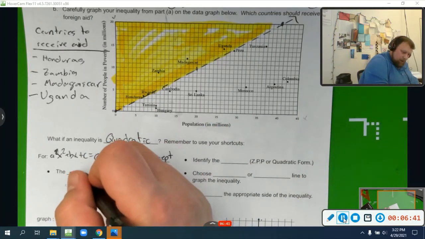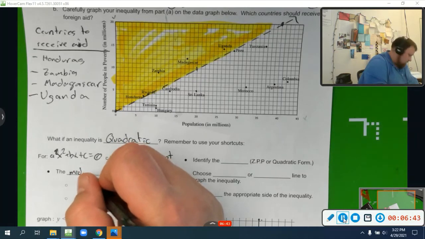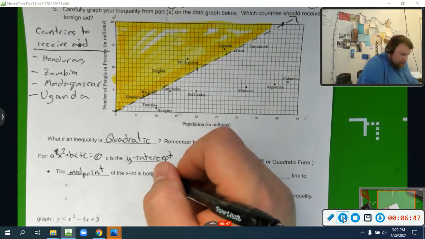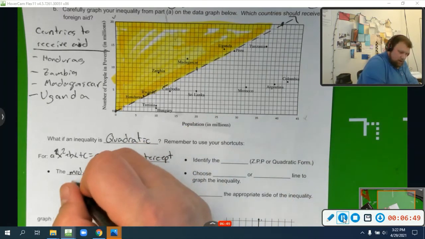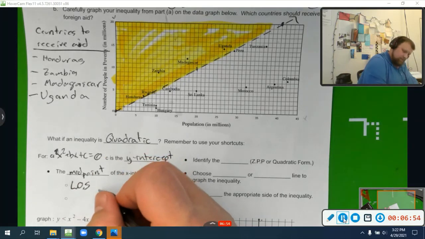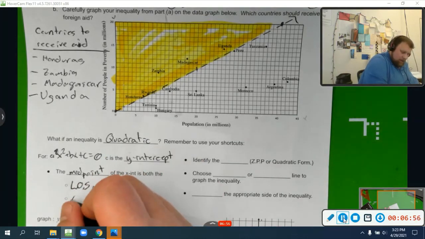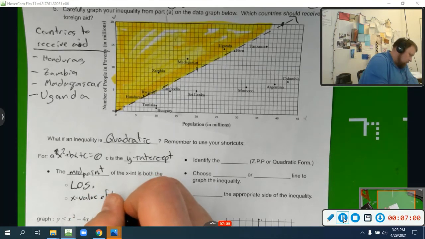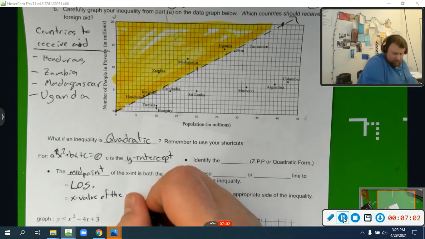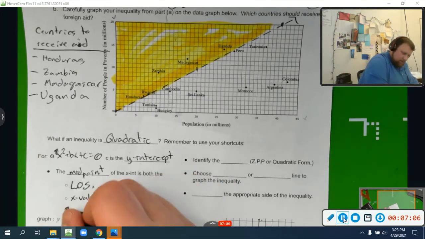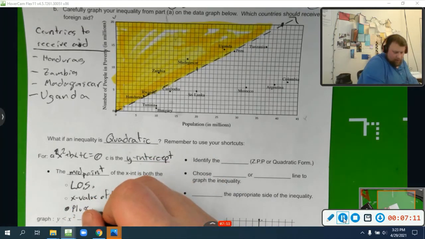The midpoint of the x-intercepts is both the line of symmetry, LOS, and the x value of the vertex. Add yourself one other dot, plug in the x value and solve for y.